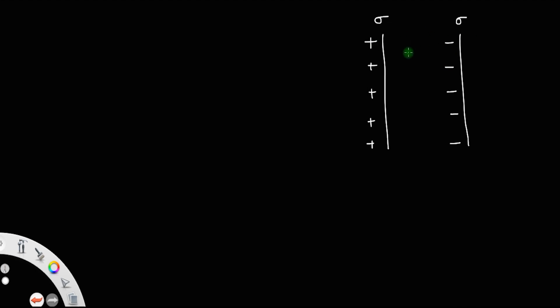They have the same charge densities. Let's call this sheet number 1 and this sheet number 2. For the first sheet, the electric field on the left side will be in this direction, and on the right side of the first sheet, it will be in this direction.